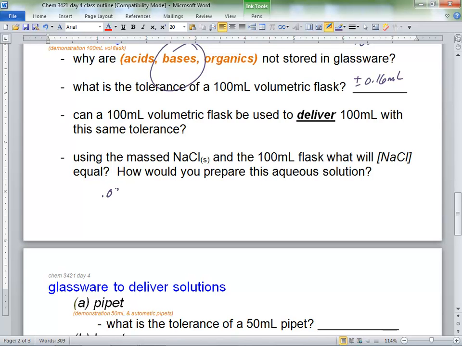We had 0.0924 grams. 23 plus 35, roughly 48 grams per mole. Right? 58.45 is the molar mass. Oh, 58.45 is the molar mass.